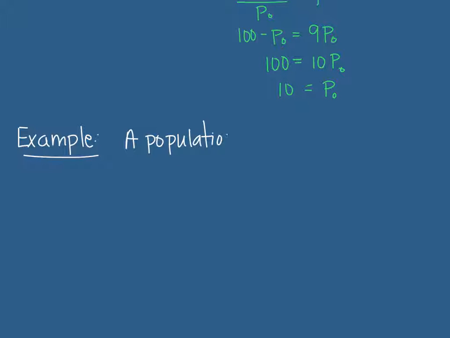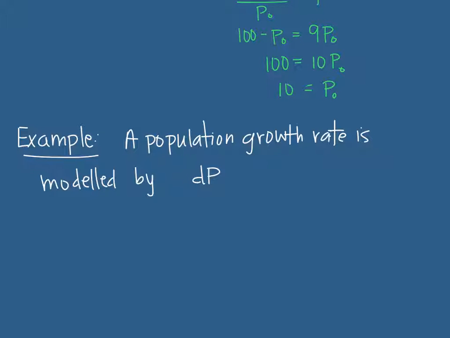All right, so something like this: a population growth rate is modeled by dp/dt equals 0.1p minus 0.0004p squared.